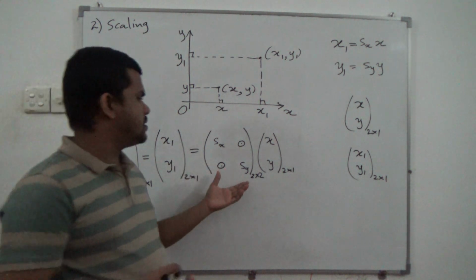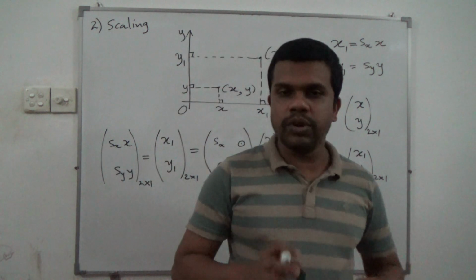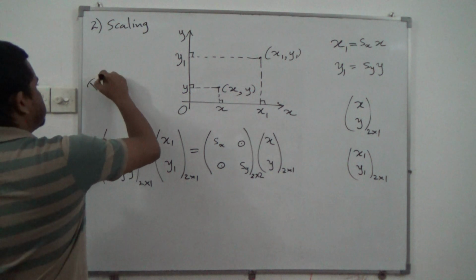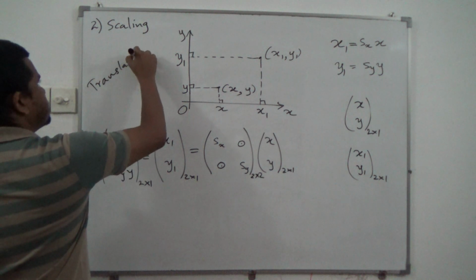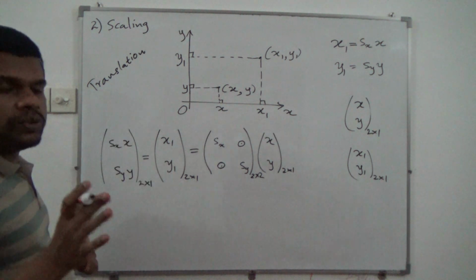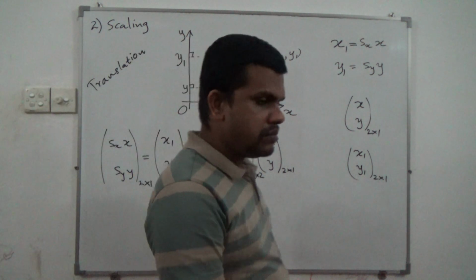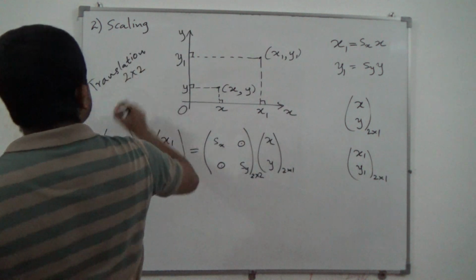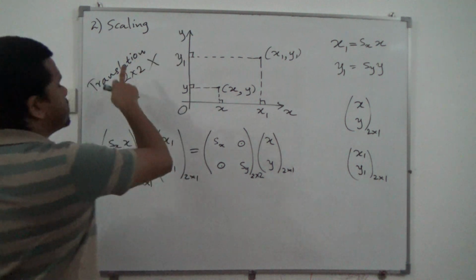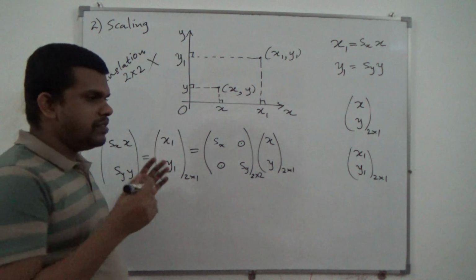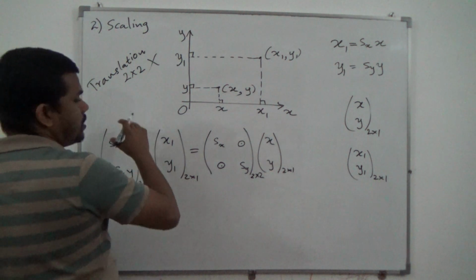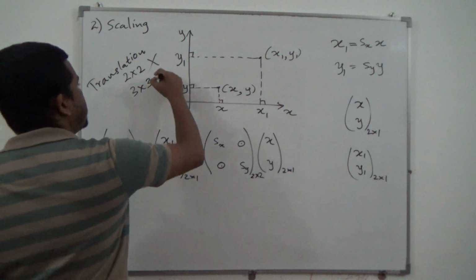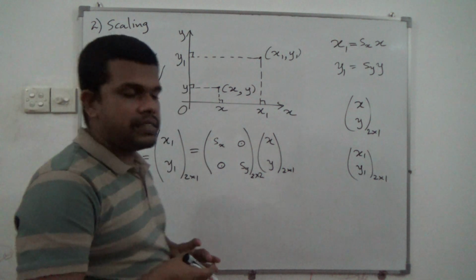Now this is a scaling matrix, but the problem is when we were talking about translation, we failed to find a 2 by 2 matrix for translation. Therefore, we introduced a trick and found a 3 by 3 transformation matrix.